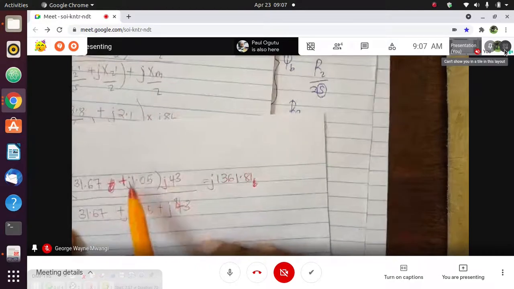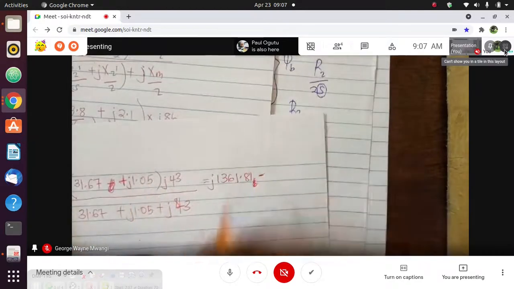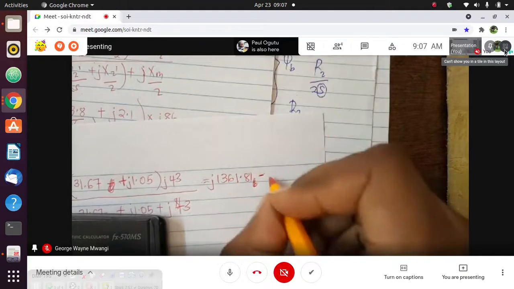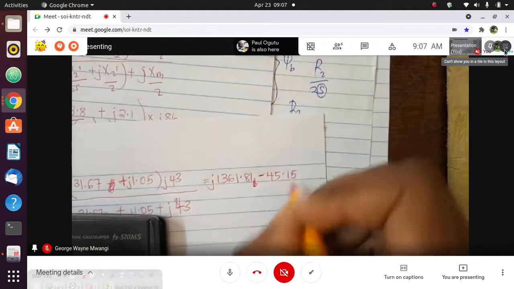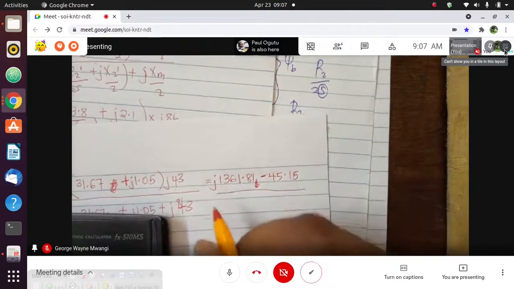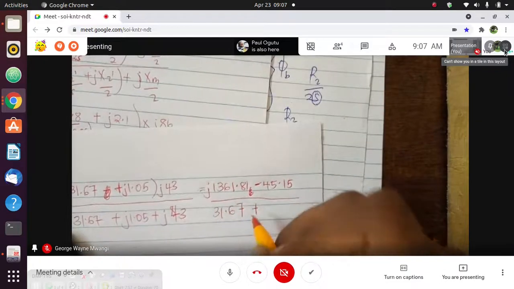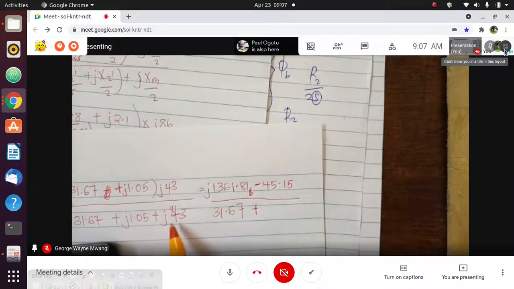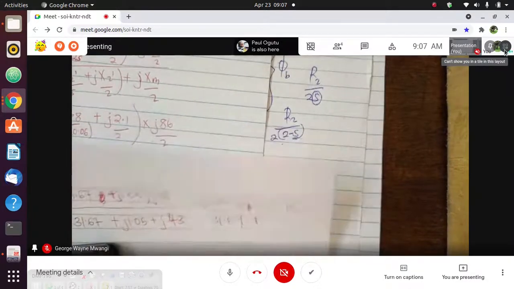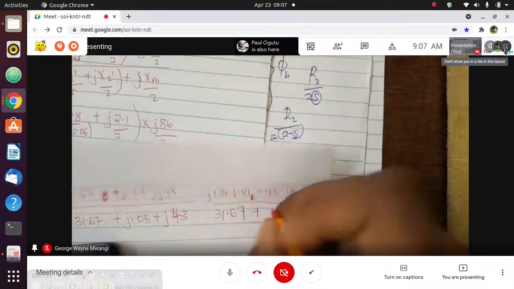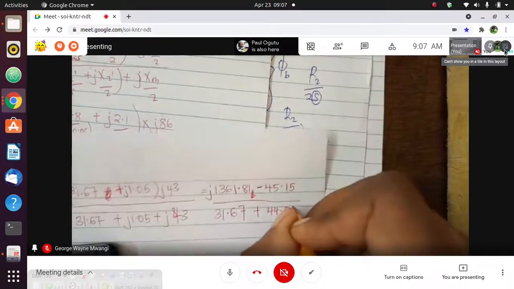So this value will therefore be minus 43 times 1.05, which is minus 45.15, over 31.67 plus 1.05 plus 43 j, which is 44.05 j.